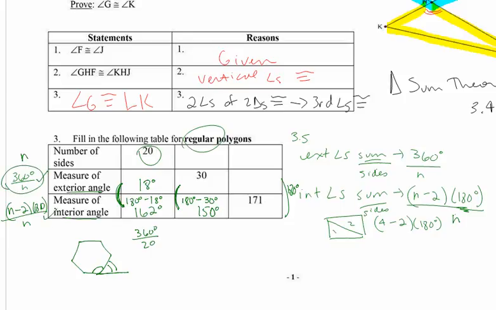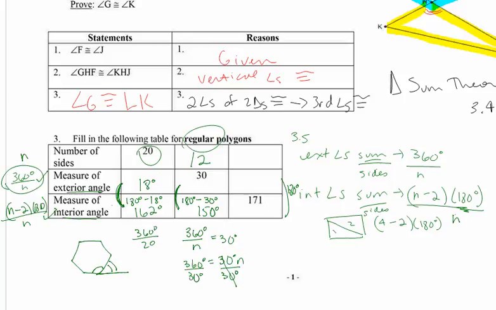This one looks way easier to work with, so let's try it. When you take 360 and divide it by the number of sides, which is the piece I'm missing, you get 30 degrees. So let's solve that equation by multiplying by n on both sides, and then dividing by 30 on both sides. The 30's cancel. How many times does 30 go into 360? Well, 12.